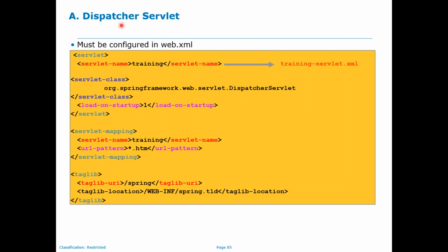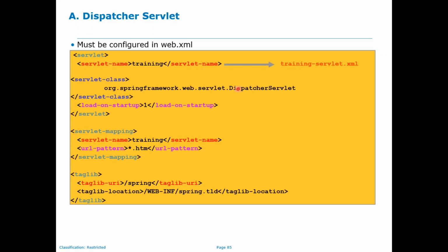Now, over here, first you need to configure the dispatcher servlet. Spring provides a servlet by the name dispatcher servlet, org.springframework.web.servlet.DispatcherServlet.